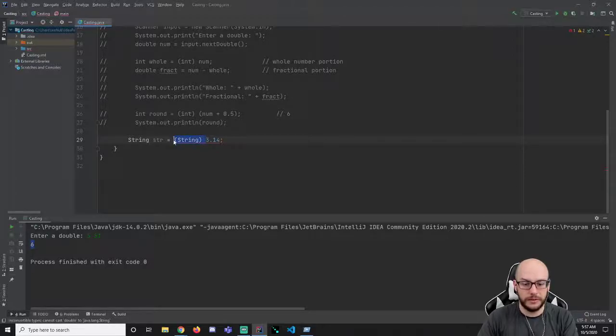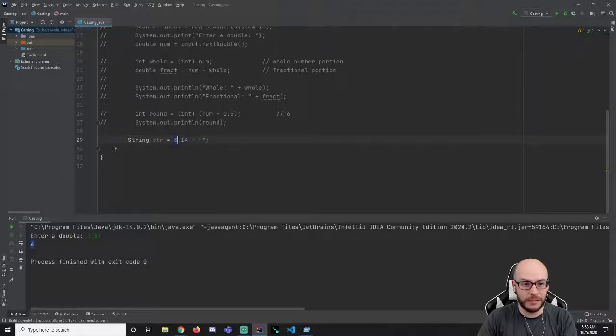What you can do is use concatenation. I'm going to take 3.14 and I'm going to concatenate it with an empty string. Here I have double quotes. It's technically a string. It's a string literal with a length of 0. And anytime that you concatenate anything with a string, Java behind the scenes is going to do the conversion.